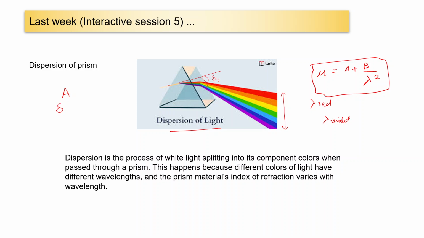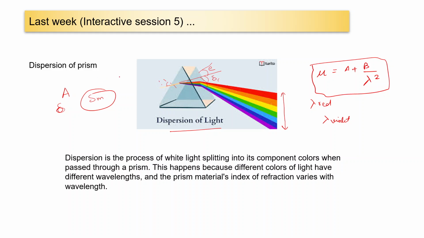We had understood this, and then we derived the expression for another concept, the angle of minimum deviation. That is when the angle of incidence and the angle of emergence, when I make the normal here, are equal. When that happens, the light passing through the prism is parallel to the base, and that is the angle of minimum deviation.